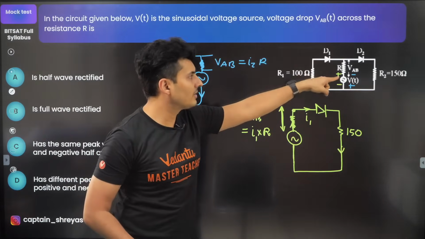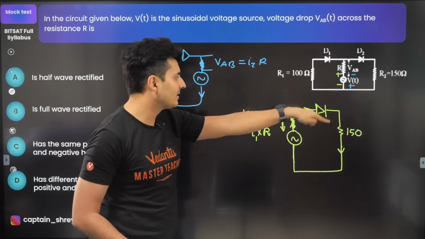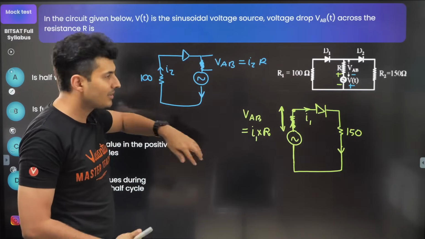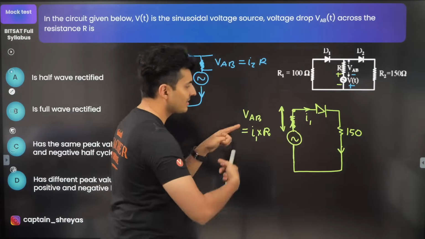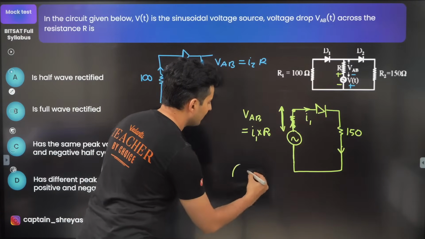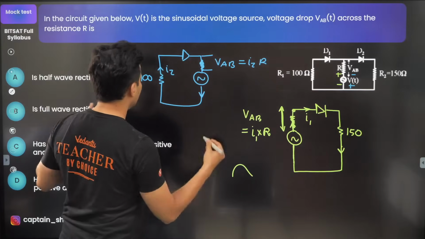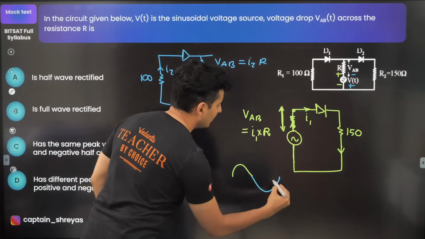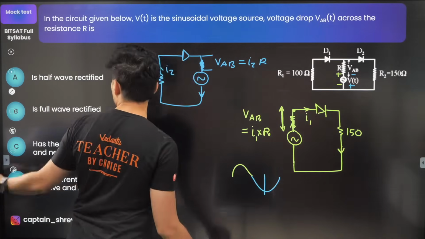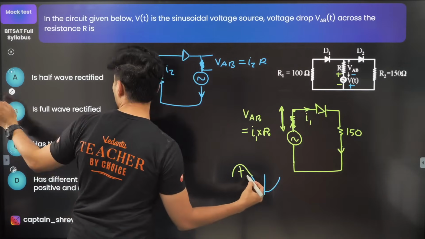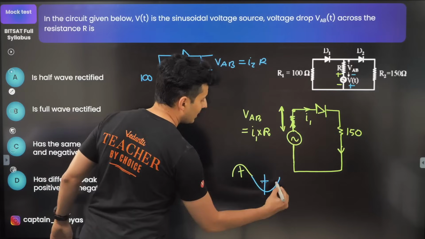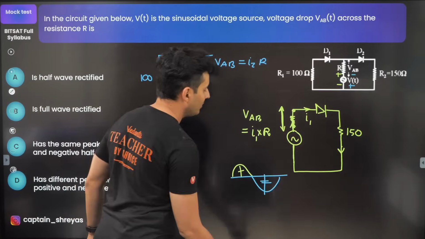During the positive half of the cycle maybe the voltage is one value, and during the negative half of the cycle the voltage is different. These two voltages are not going to be equal.